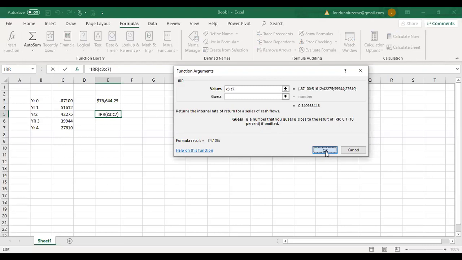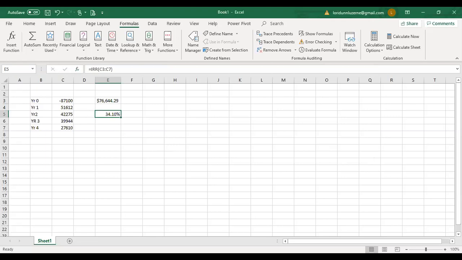I'm not going to put a guess. Maybe the PowerPoint's wrong. Let me use my calculator, one second, because we always have that option, right? So I'm going to go into my apps, finance, and then my internal rate of return. And then I have to enter my numbers in manually.